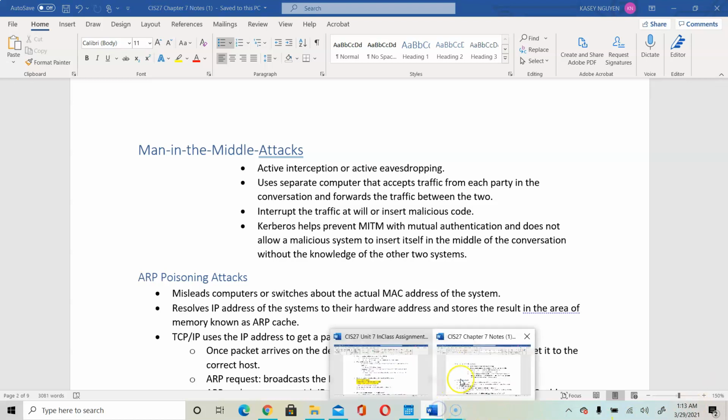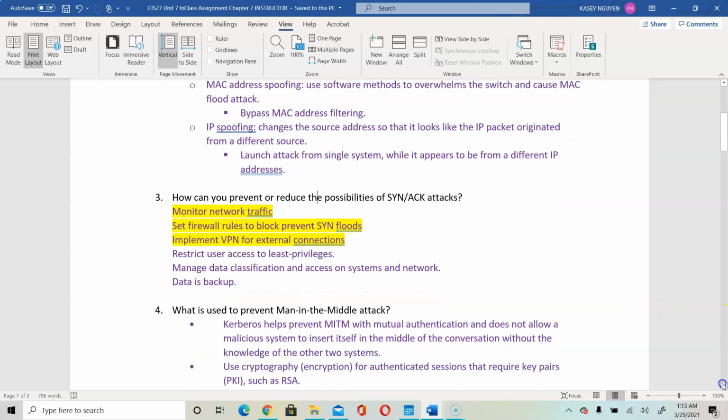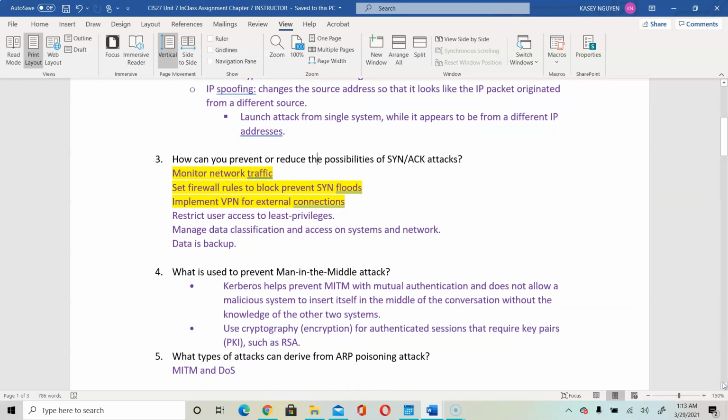So going back to the question for number 4, what is used to prevent a man-in-the-middle attack? We mentioned that we can use Kerberos in Windows systems because it allows mutual authentication and it does not allow a malicious system to insert itself in the middle of a conversation without the knowledge of the system.